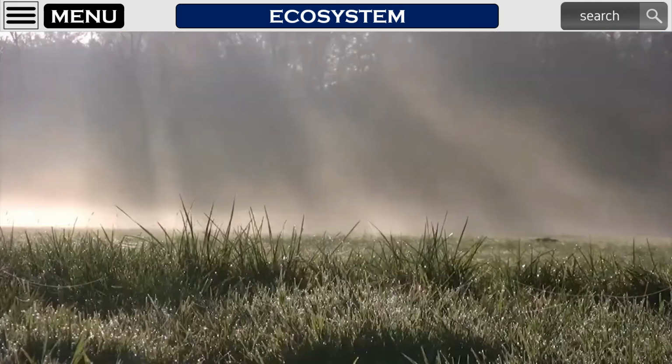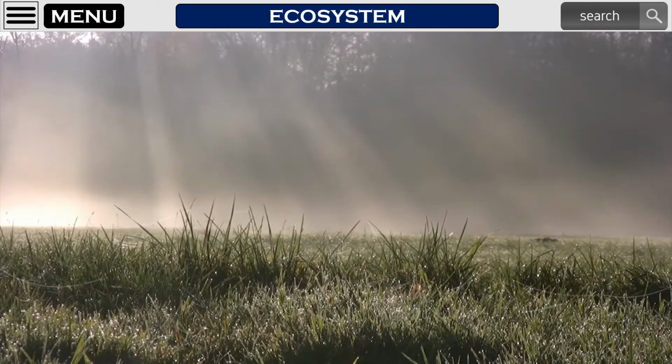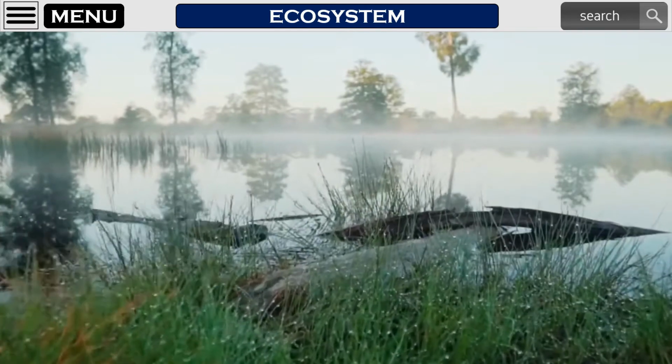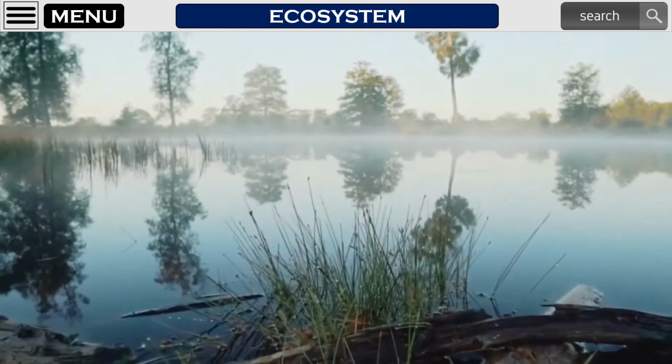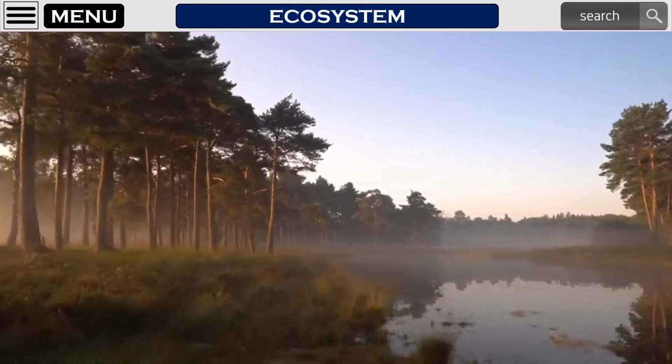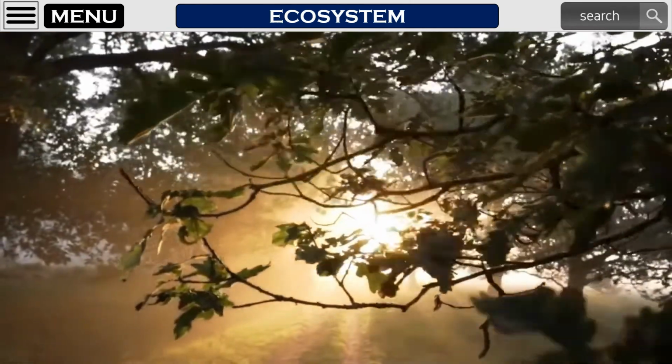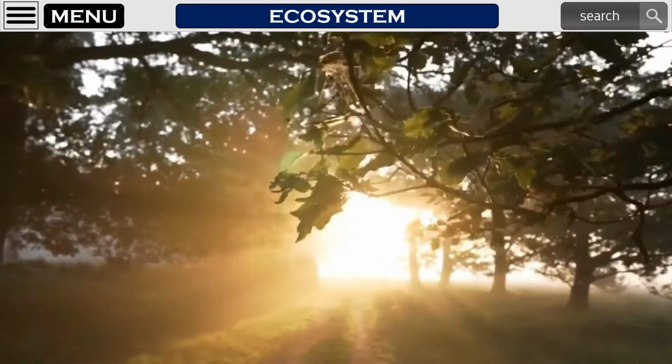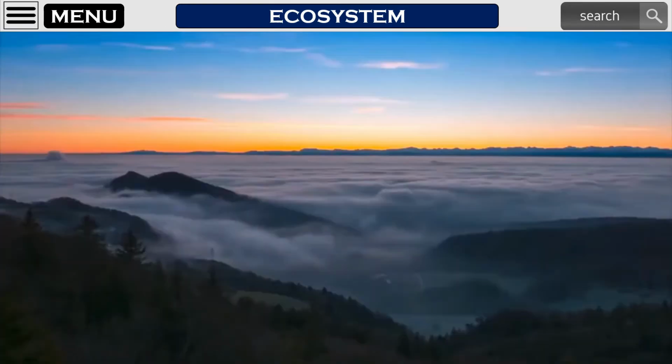We humans also eat plants and animals to obtain energy. Plants need nutrients and other minerals from the soil for them to grow. The interaction of biotic and abiotic components in an ecosystem is very important in the sustenance of life on our planet.